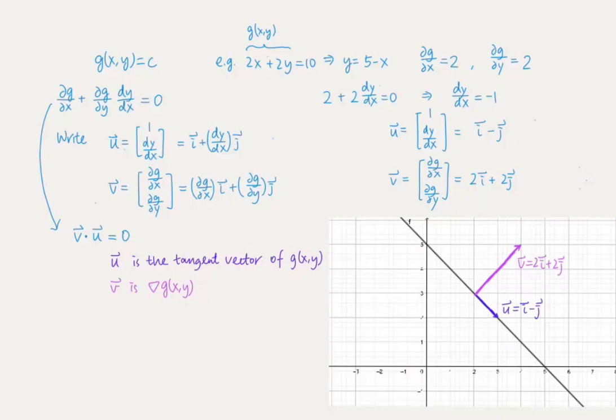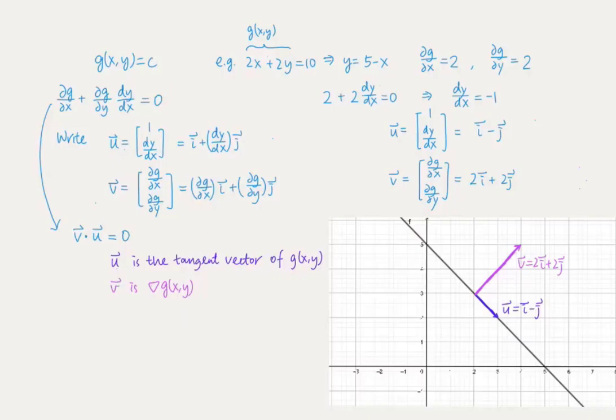If we write u as the vector 1i plus dy/dx times j, and write the vector v as g_x times i plus g_y times j, then this equation means that the dot product of v and u is 0, meaning that these two vectors are orthogonal to each other. The vector u is the tangent vector of g(x,y). The vector v is the gradient of g(x,y).